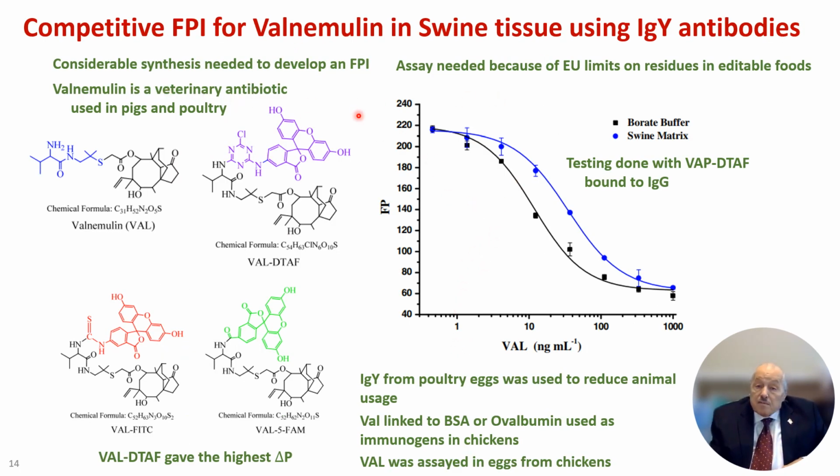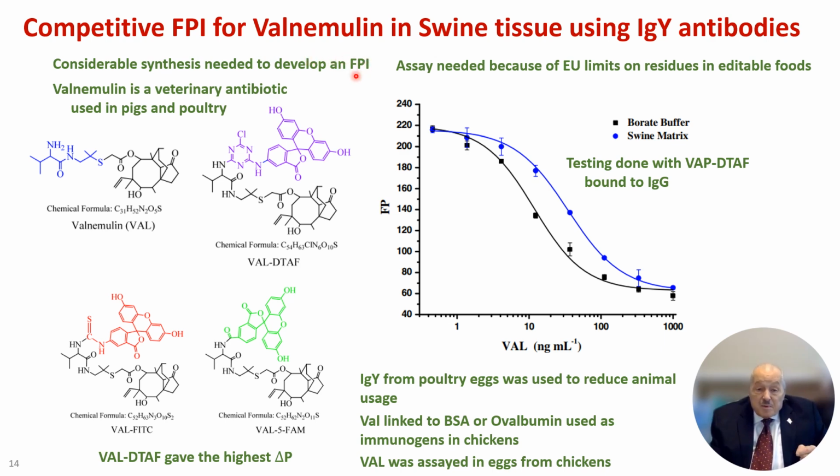So here's the first of 2 examples of a competitive immunoassay. Let's see if I can pronounce this, valnemulin. Valnemulin is a veterinarian antibiotic that's used with poultry and pigs.